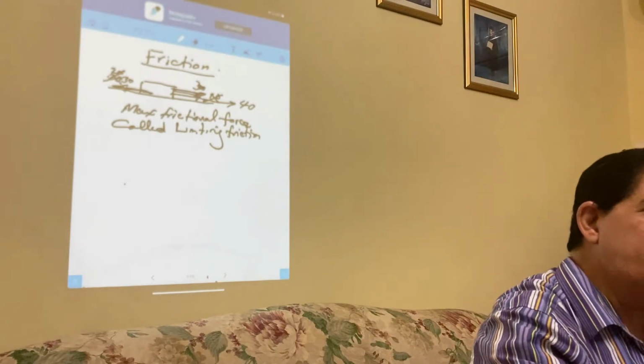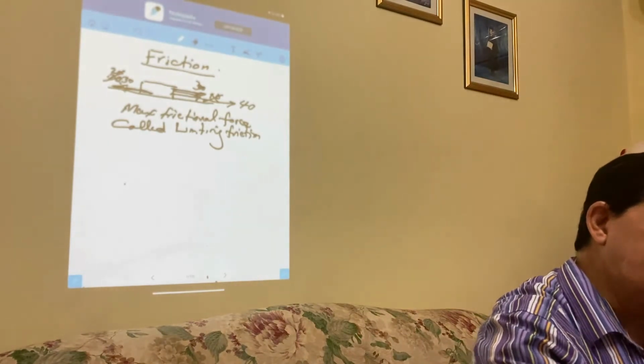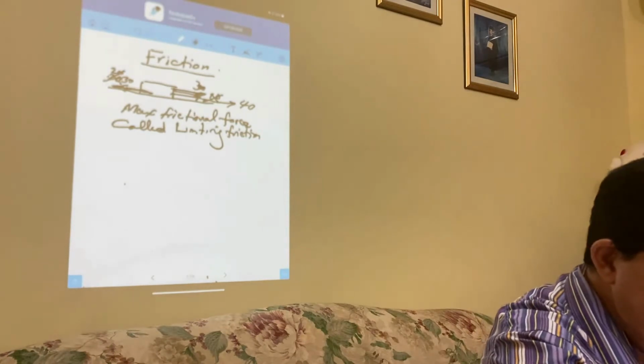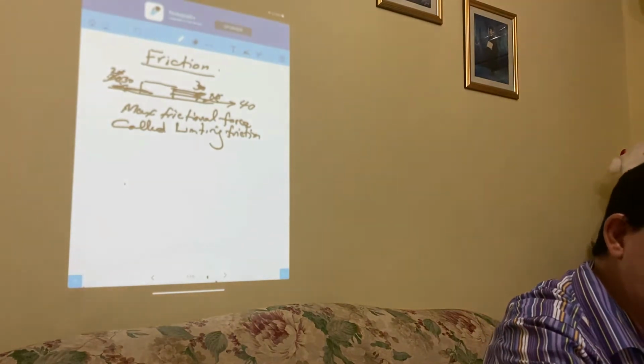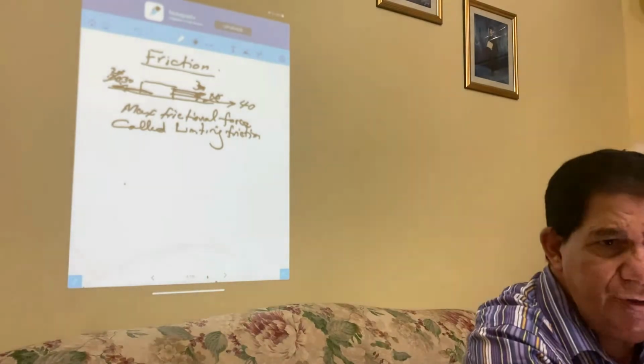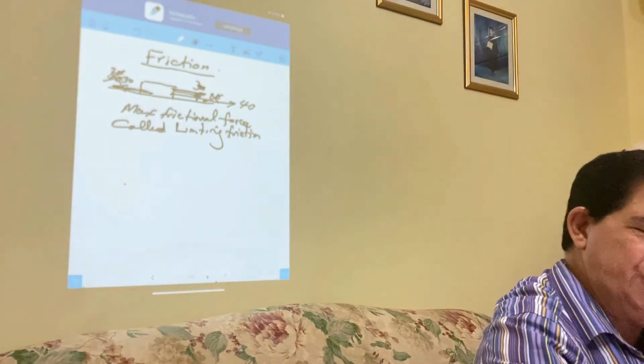What will increase if I make the push on the surface harder? The normal reaction. And therefore we say the frictional force will depend on the normal reaction, R.